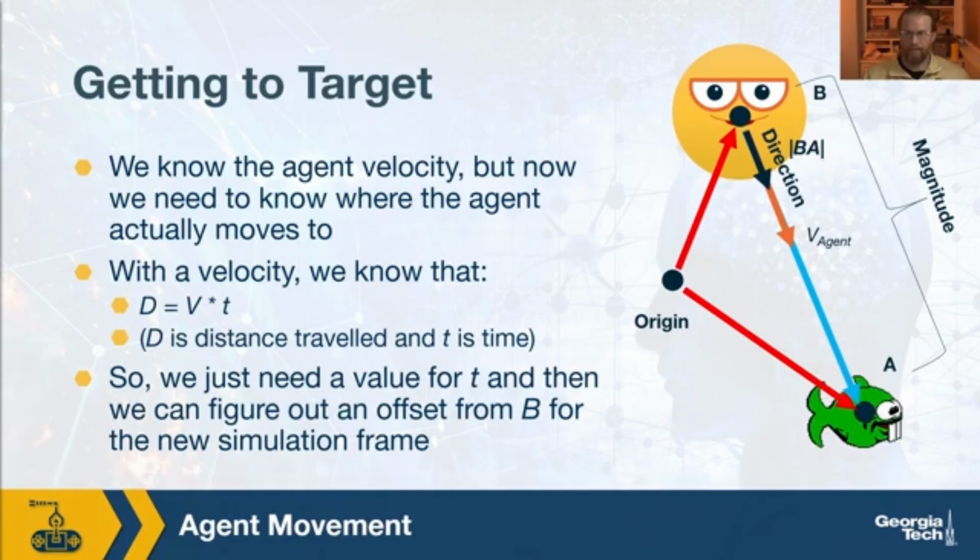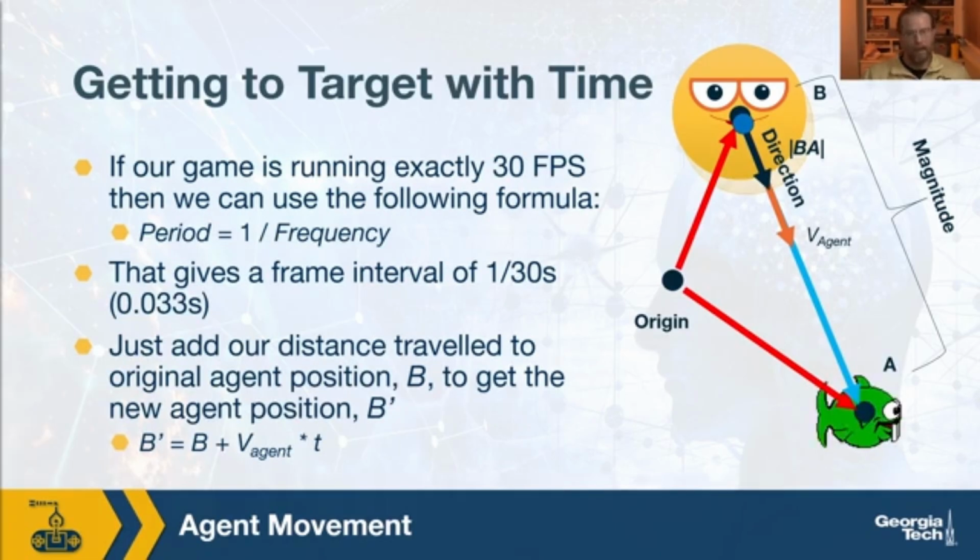So where do we get the t from? We could look at our simulation's target frame rate. If we know that our game engine is designed to achieve 30 frames per second, then we could just use the equation for period relative to frequency.